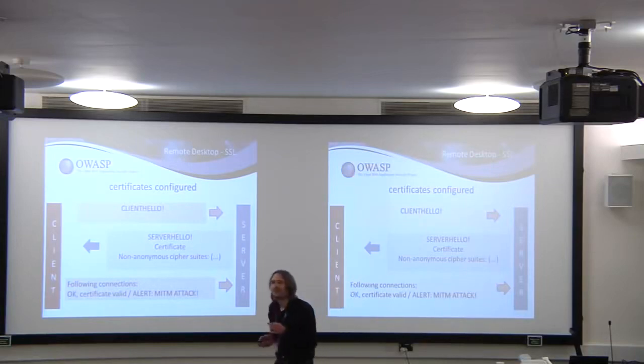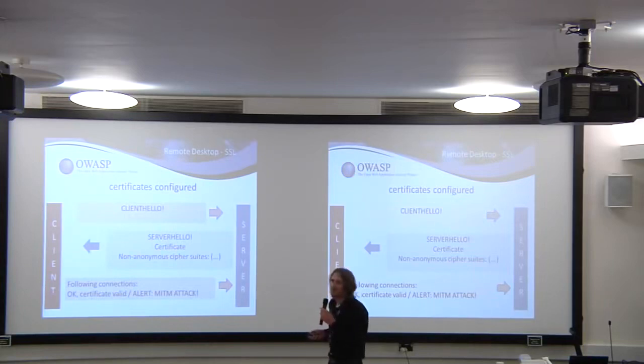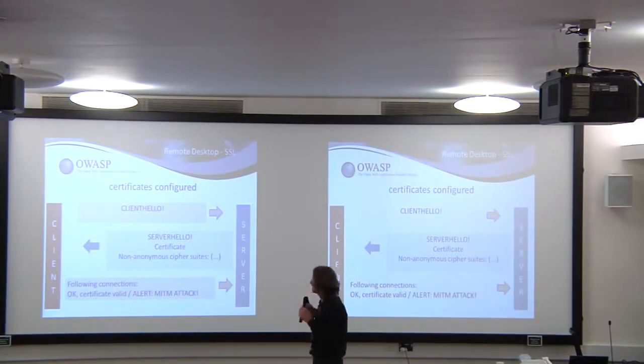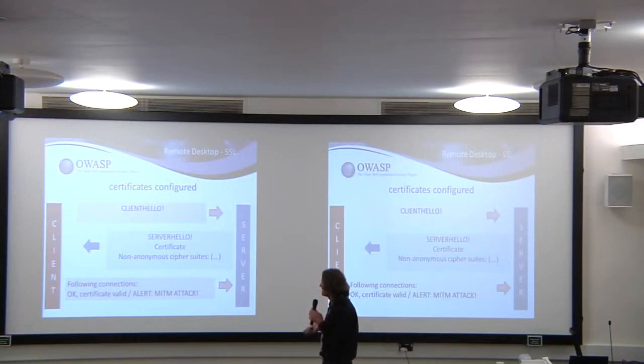Excuse me? Previous certificate. So it doesn't seem to revalidate every time. Yes, it does validate. Well, let's assume that this configuration was done during the first connection. The certificate was configured in secret, in a proper network, and nobody could tamper with this first communication.